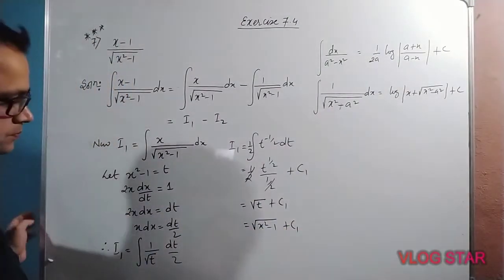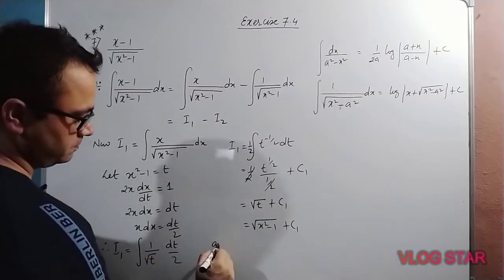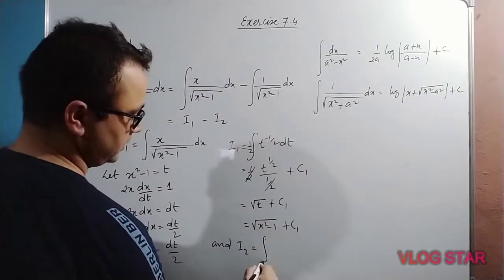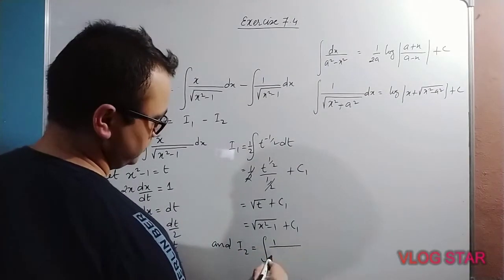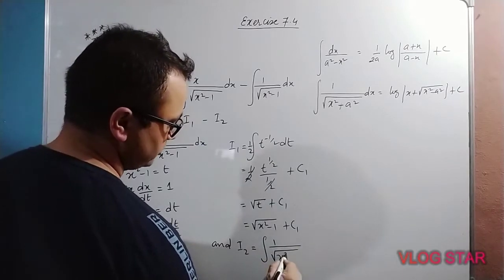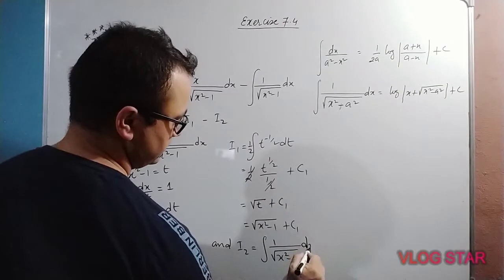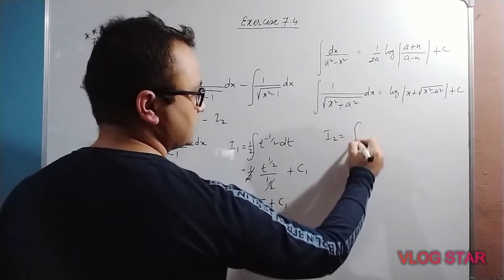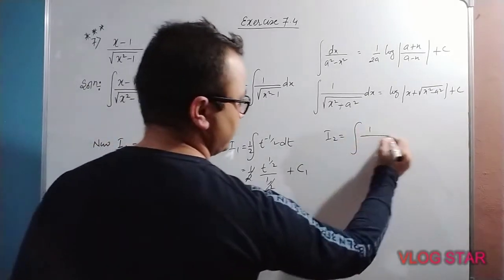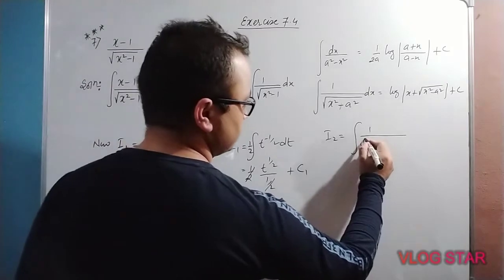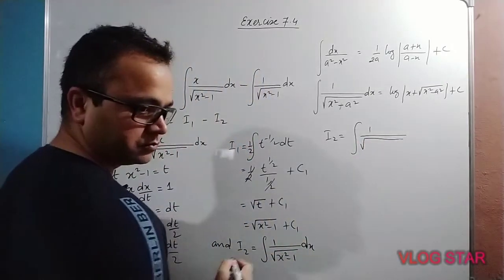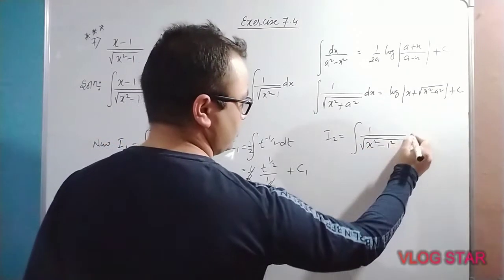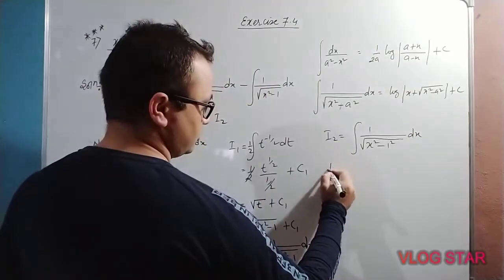Now take I2. I2 equals integration of 1 by root under x square minus 1 dx, which is integration of 1 by root under x square minus 1 square dx.